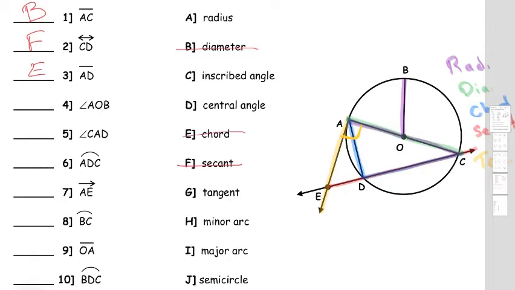And the next one, number four, says angle AOB. Angle AOB is outlined right here, which represents your central angle. So D. And angle CAD. Angle CAD is going to be this angle there, and that is what we call your inscribed angle, or C. And then it says arc ADC.